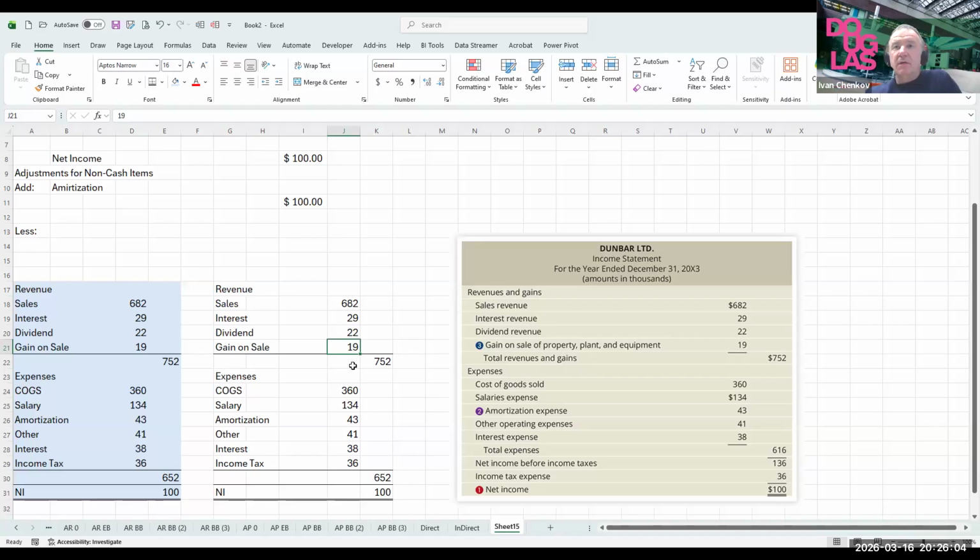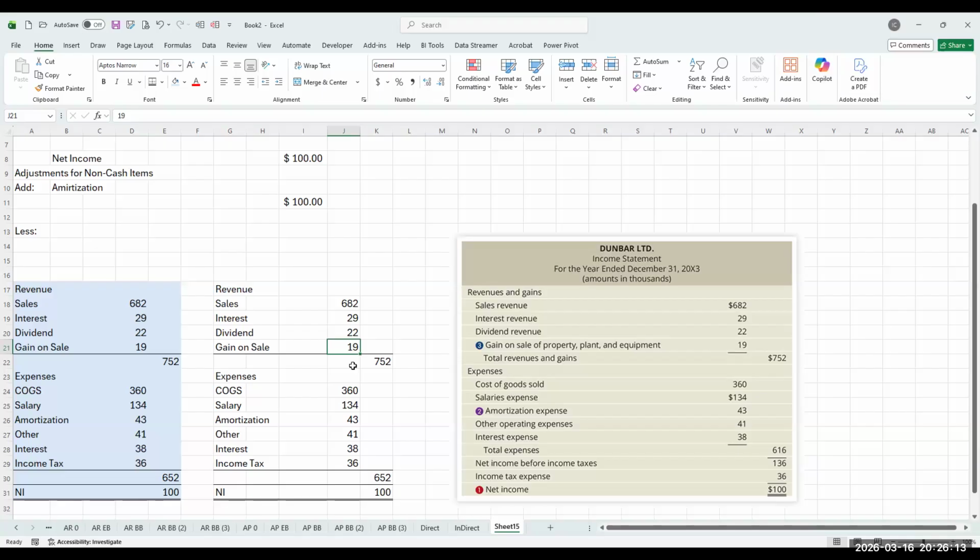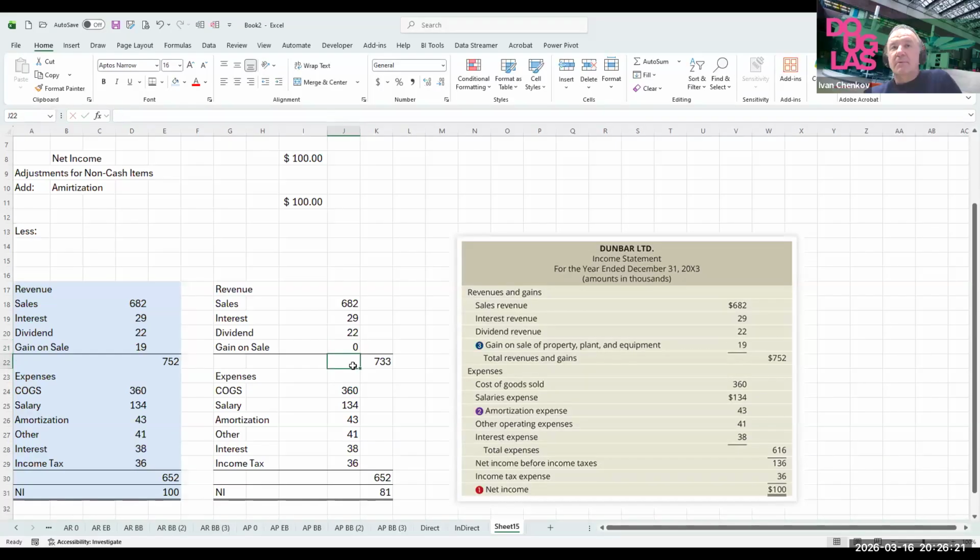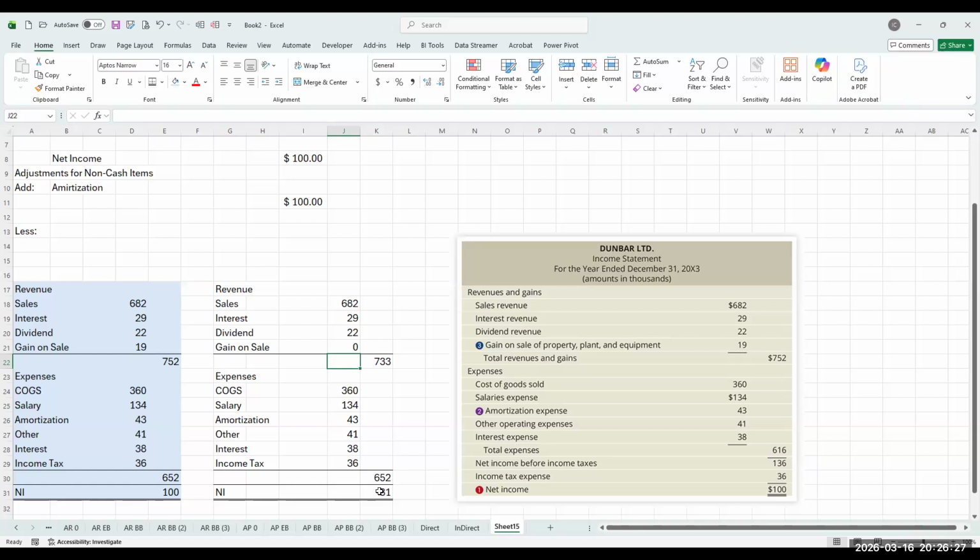Is it going to go up or going to go down? I was thinking it was about to go down. What's happened with the income? It went down, right? Yeah, it went down.